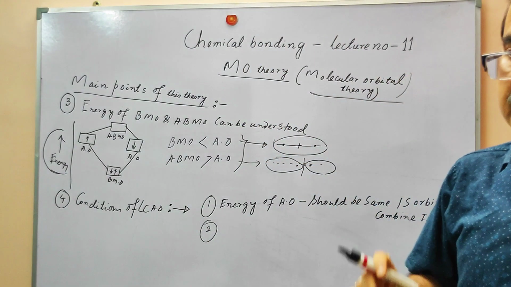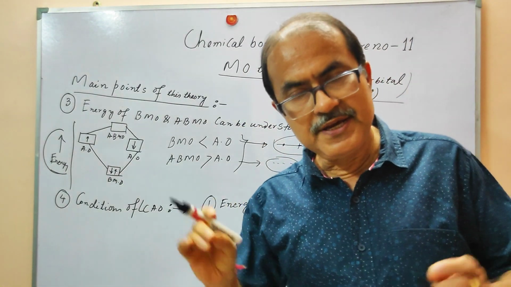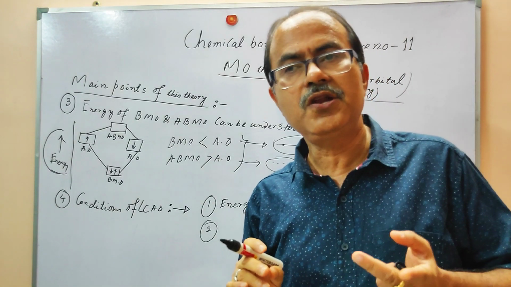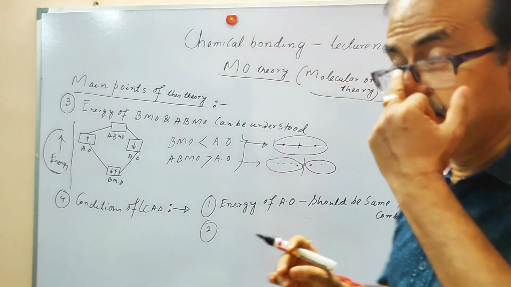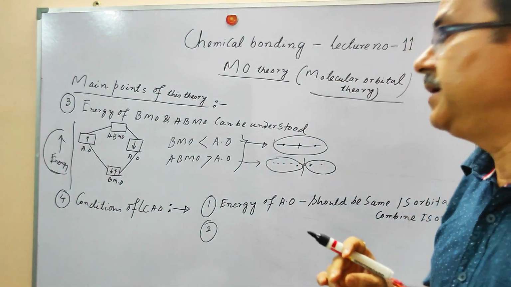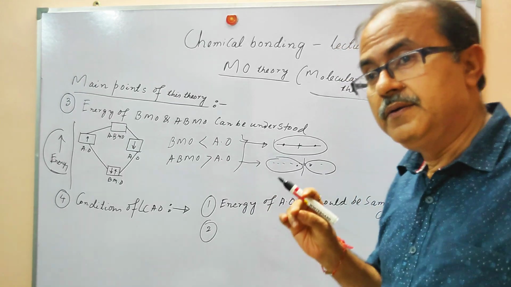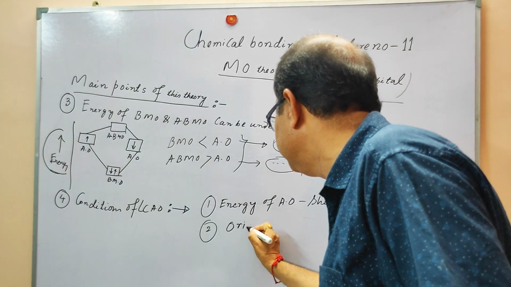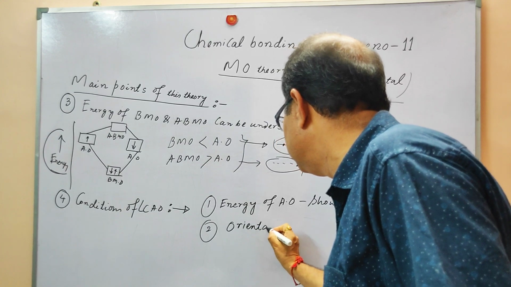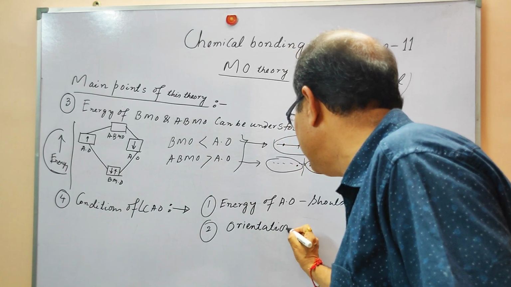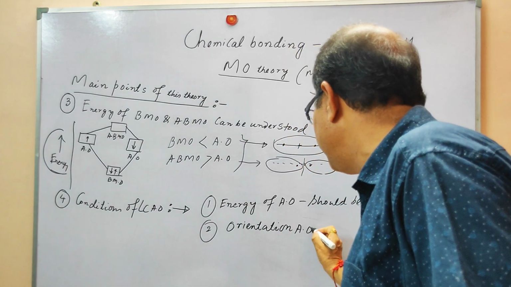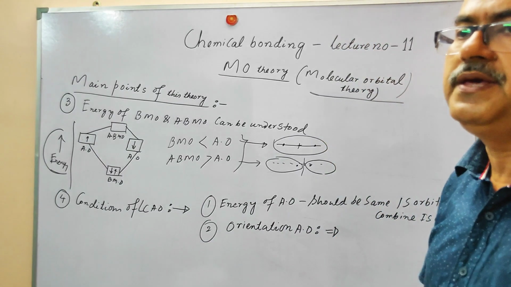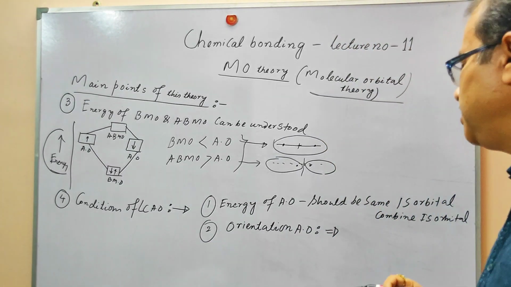Second thing, the orientation. The orientation of the combining atomic orbitals must be the same; only then will there be a combination of the AOs.